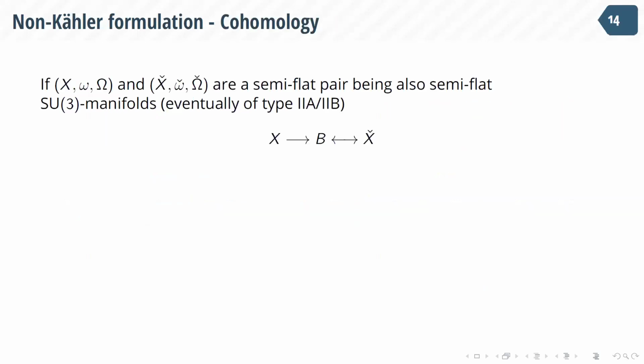So, assuming we have a semi-flat pair, which is also a pair of semi-flat SU3 manifolds, eventually of type 2A or 2B, we would like to have an analogous version of the mirror symmetry relation in a non-Kähler setting.